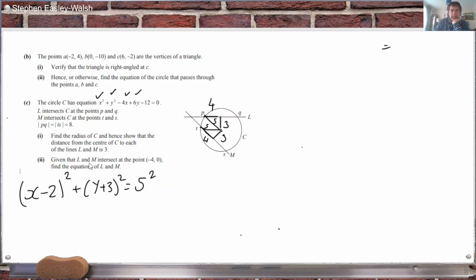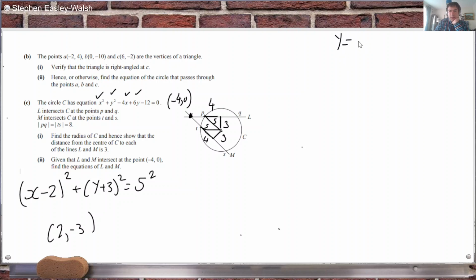Given that L and M intersect at this point here, find the equations of L and M. Okay. So that's at (-4, 0). So we need to find a line that passes through this point and has perpendicular distance of 3 with the point (2, -3). So let's just see how simple we can make the line.